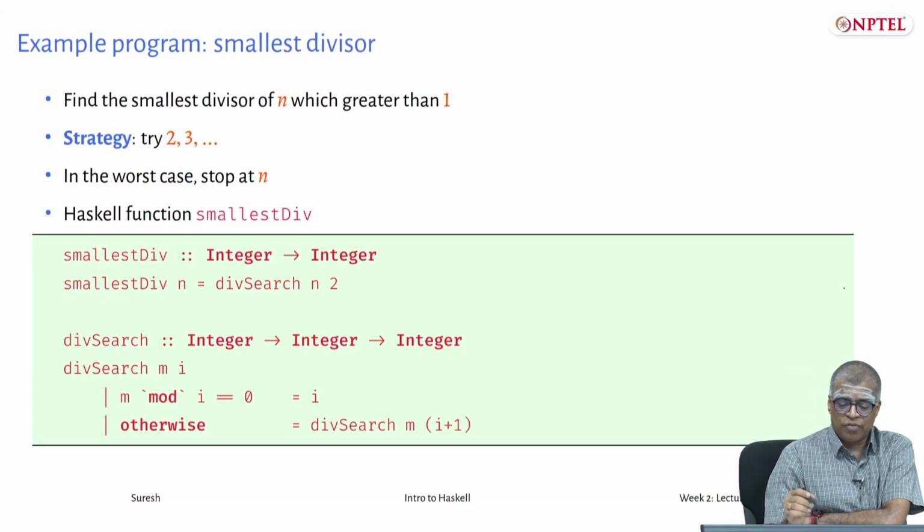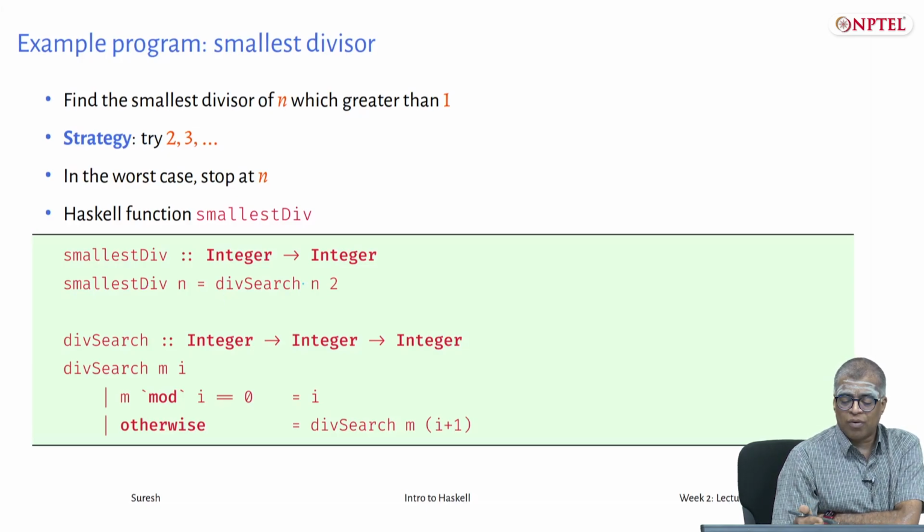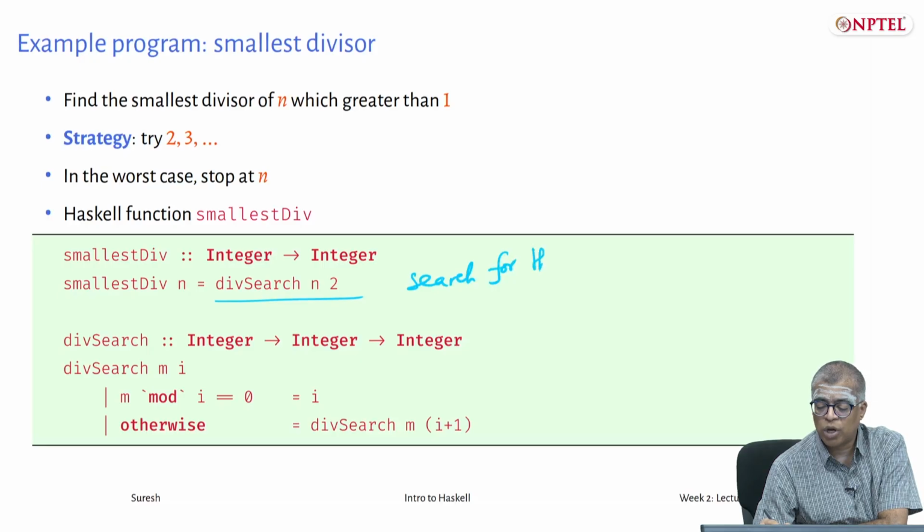Here is the Haskell definition. So I am saying instead of calling it search, I am calling it div search. Search for a divisor n 2. I have also switched the arguments.